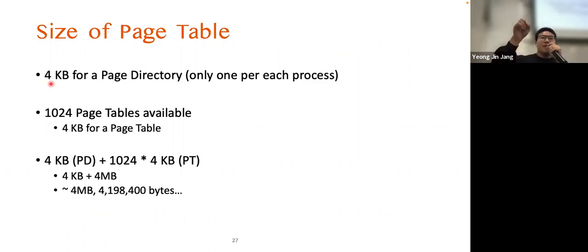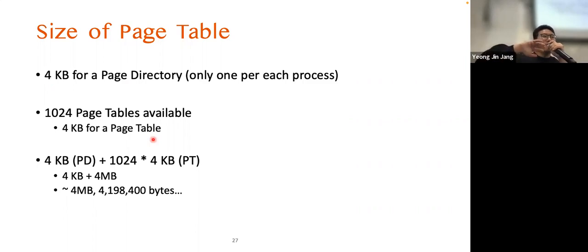We have 1 page directory for the entire page table structure. 1 page directory is 1 page, so that's 4 kilobytes. And within 1 page directory, at maximum, we can enable 1024 page tables. The page table itself is also 4 kilobytes.